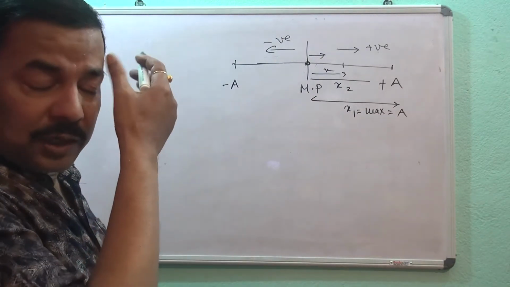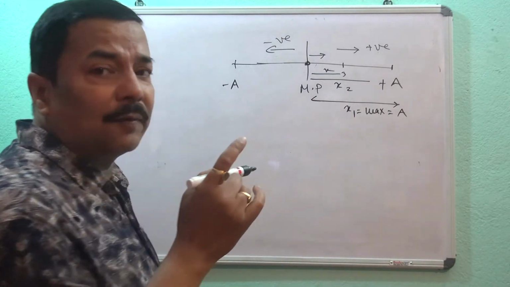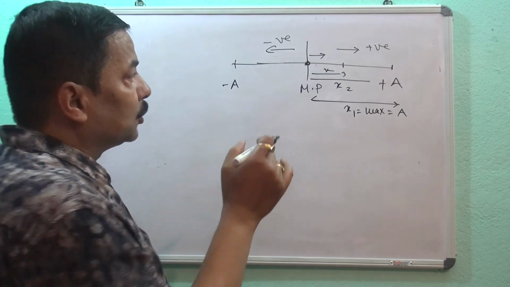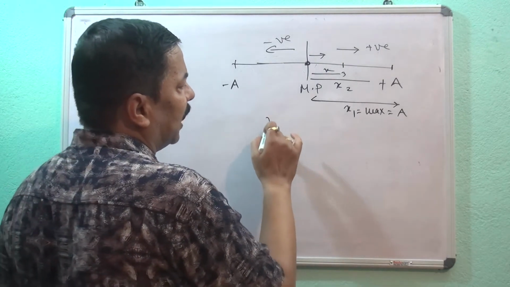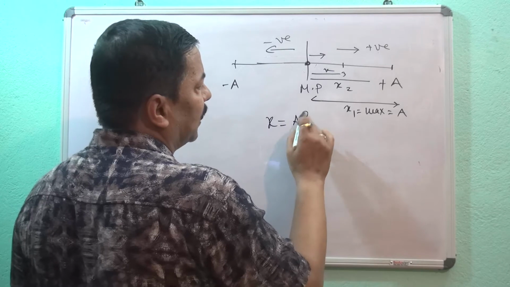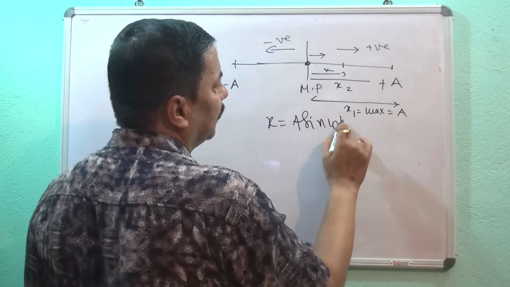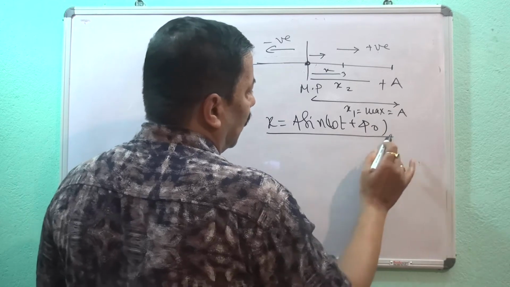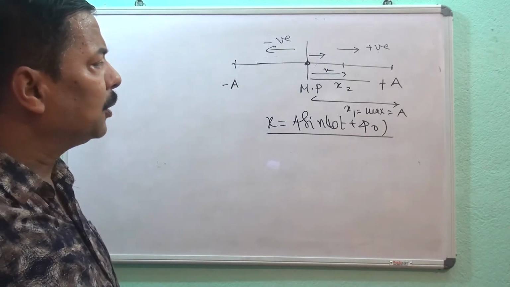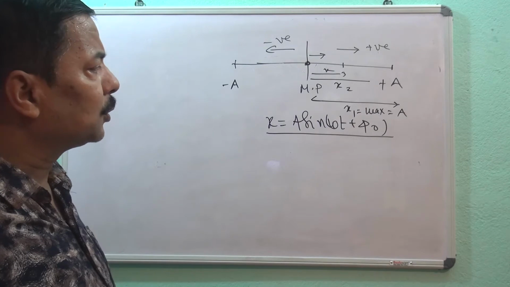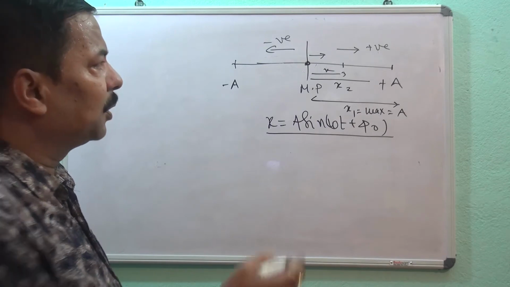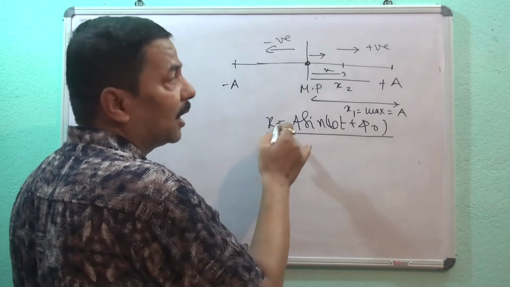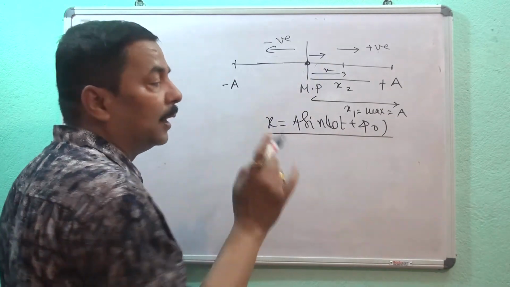What I mean to say is that here I want to discuss phase. So first I will discuss x = A sin(omega t + phi naught). I will explain the meaning. Here x = A sin(omega t + phi naught), because I am taking the x-axis, so I have taken x. If I take the y-axis, I will take y.